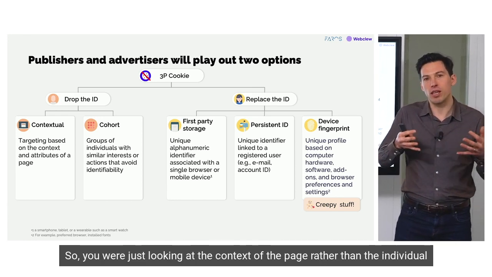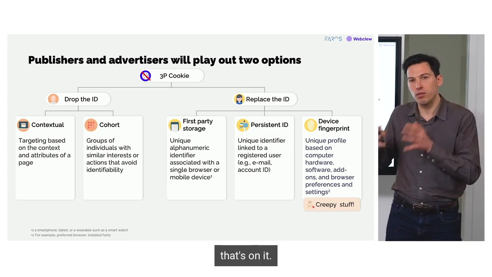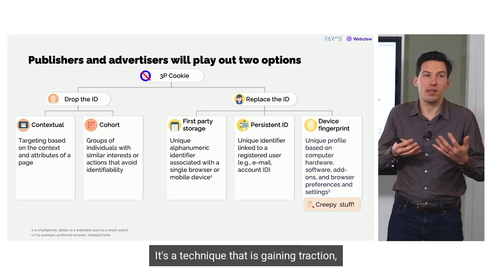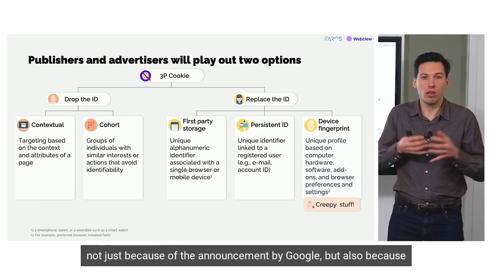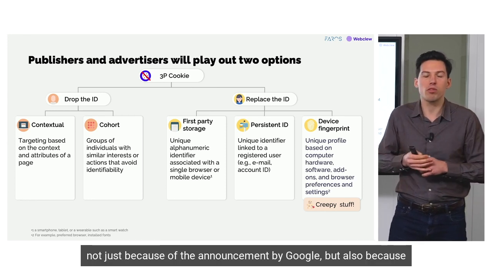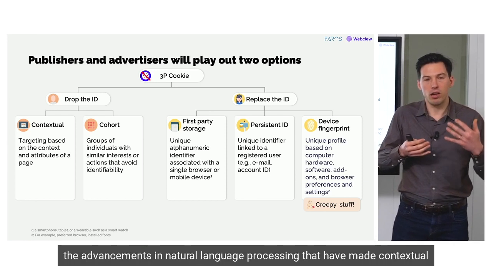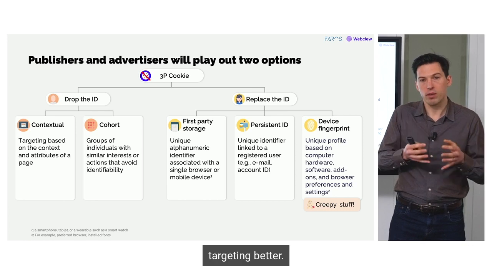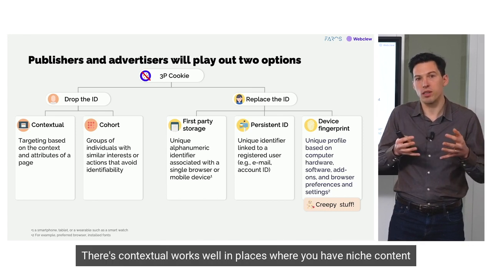On the left, contextual is as old as time, if you remember print advertising. So here we're just looking at the context of the page rather than the individual that's on it. It's a technique that has gained traction, not just because of the announcement by Google, but also because the advancements in natural language processing that have made contextual targeting better. But it's definitely not a silver bullet.